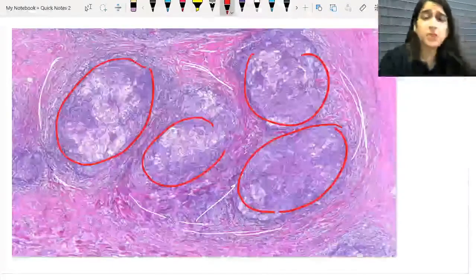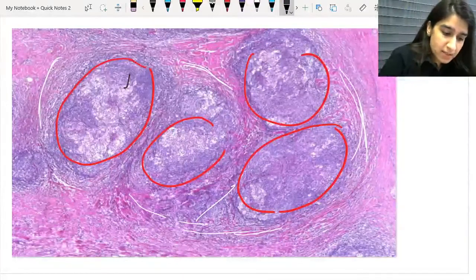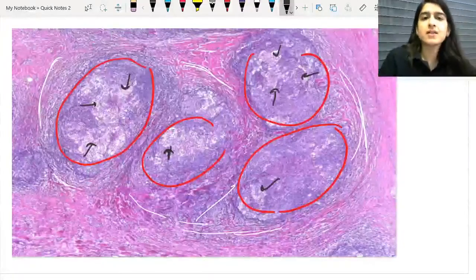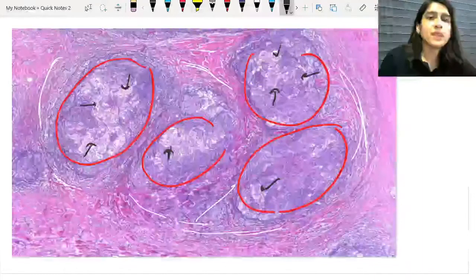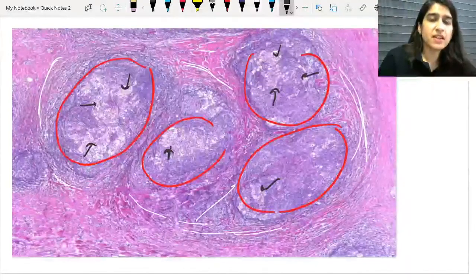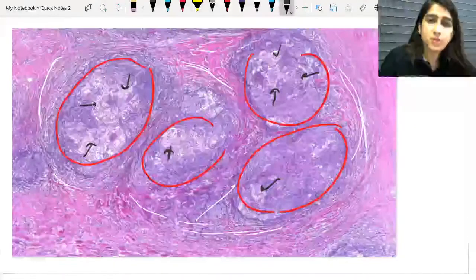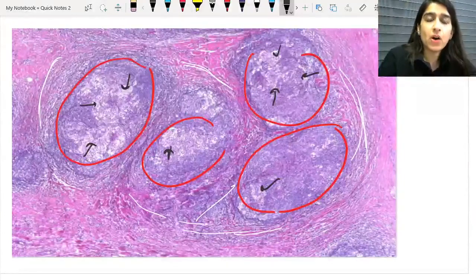Can you appreciate one more thing? That there are clear spaces within these nodules. What are these clear spaces? It is just an artifactual finding. When we get the tissue of such patients, while paraffin sectioning, the cytoplasm is removed and what is left behind is a clear space or a halo or a lacuna.